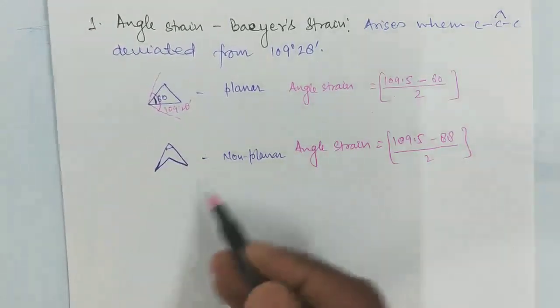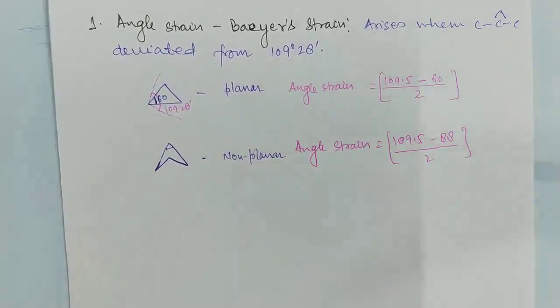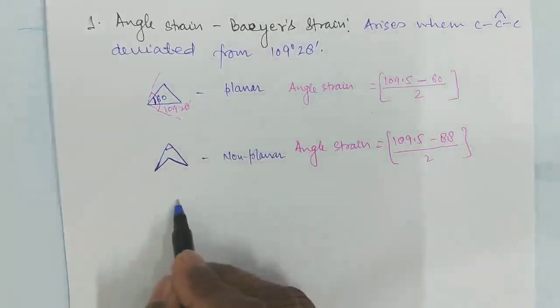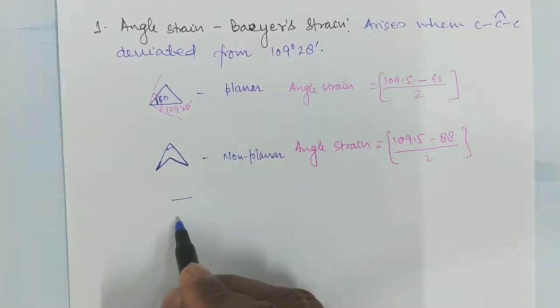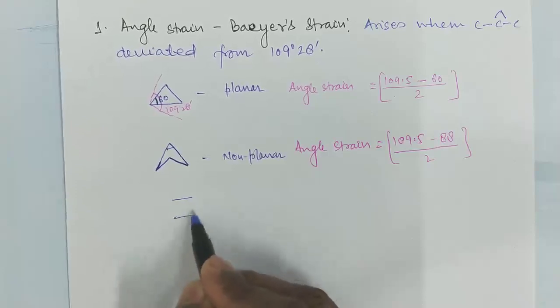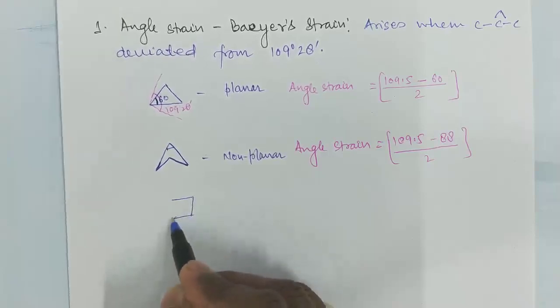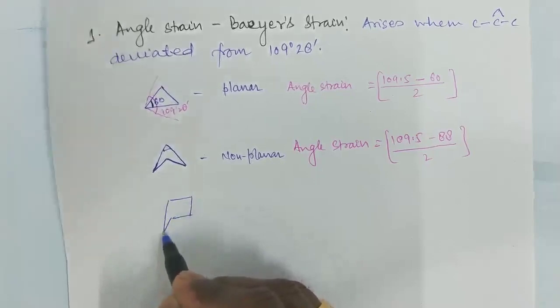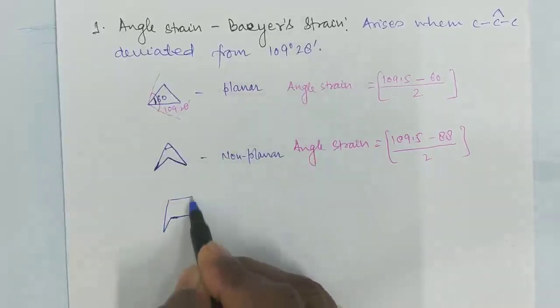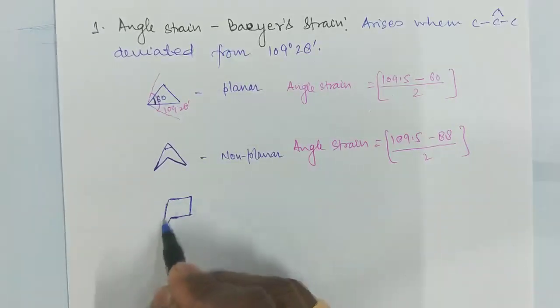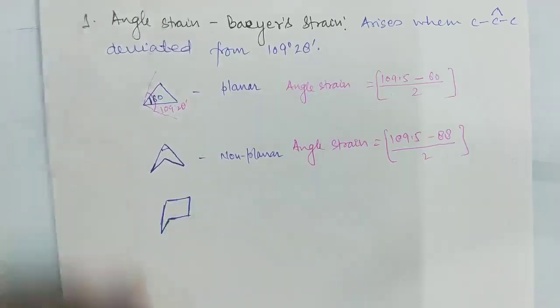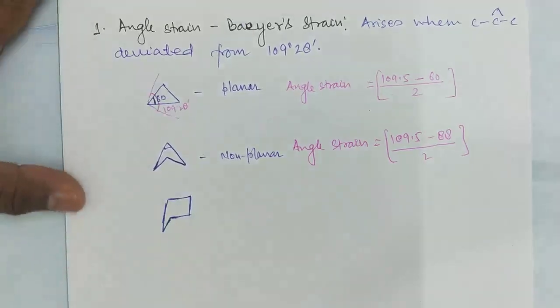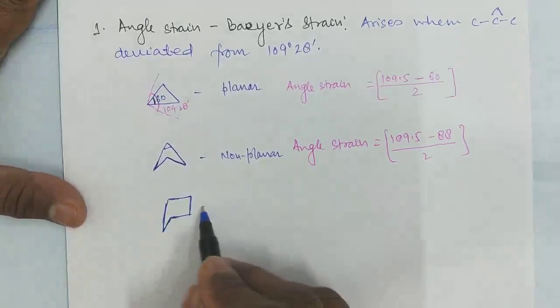Similarly, the cyclopentane molecule is also not completely planar. In fact, it is an envelope: 4 carbon atoms lie on one plane and one is away. So this is an open envelope structure, partially planar.